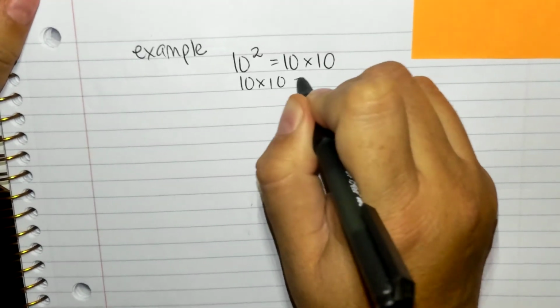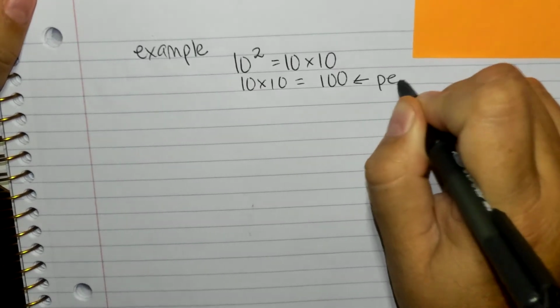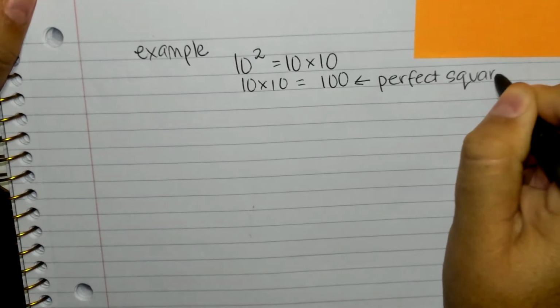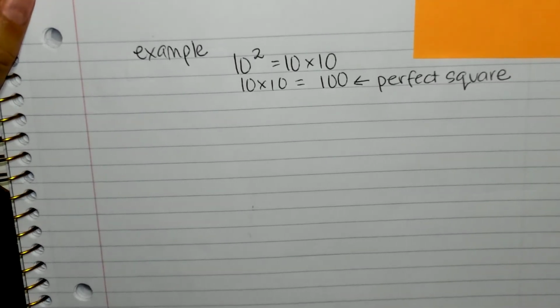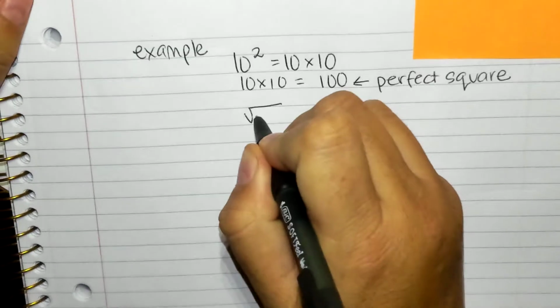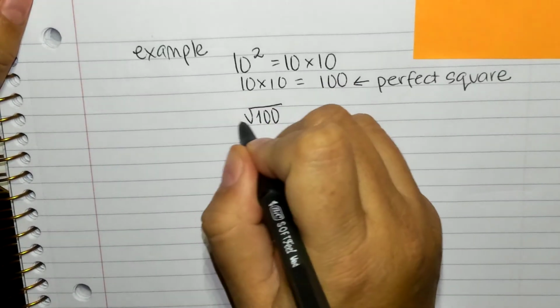Ten times 10 equals 100. 100 is our perfect square. And so we're going to take the perfect square, we're going to make it into a square root.